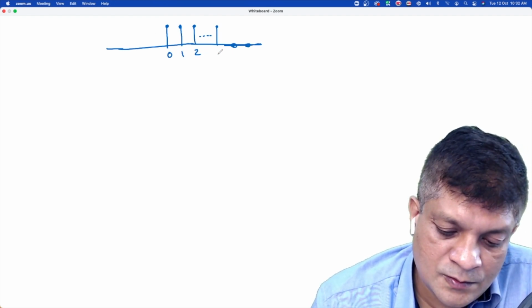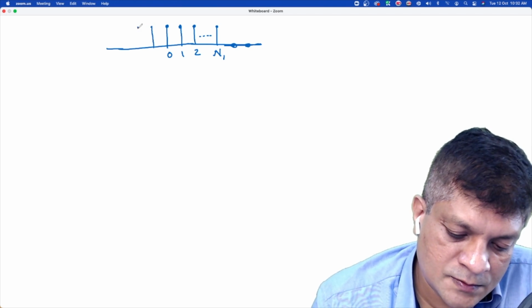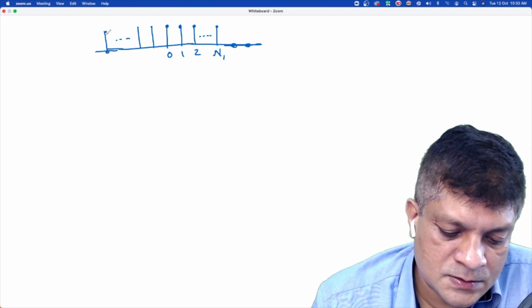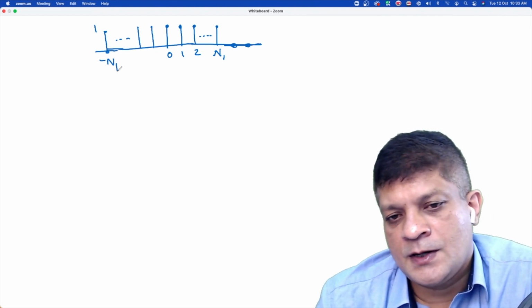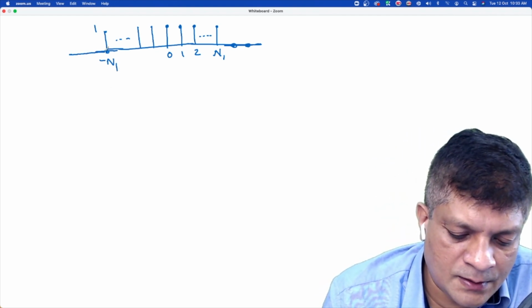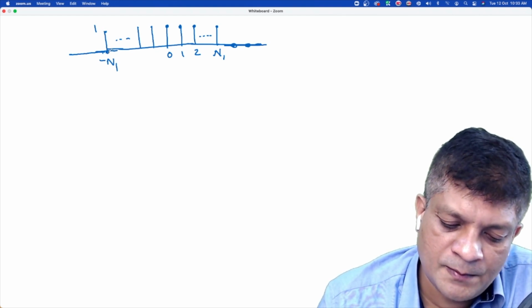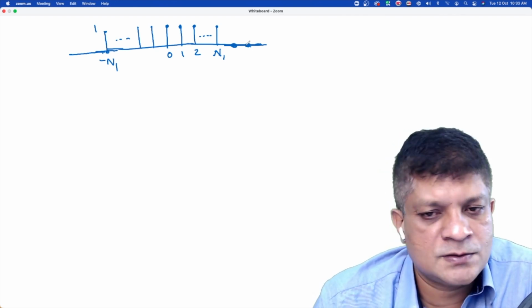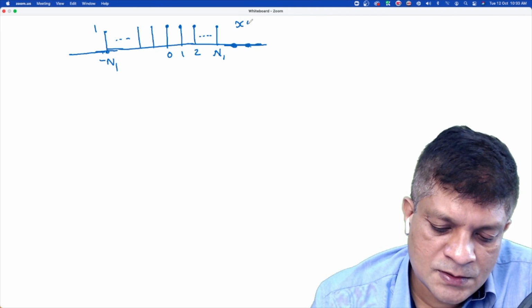Zero, 1, 2, let's say up to n1, and similarly minus 1, minus 2, up to minus n1. This is called a discrete time rectangular pulse. It is a constant 1 from minus n1 to n1, and it is 0 outside that interval. This is the signal x[n].